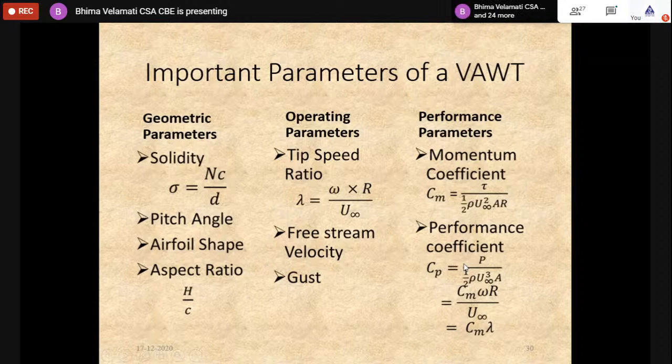For a horizontal axis wind turbine, this CP has a limiting value called the Betz limit. This Betz limit is slightly different for a vertical axis wind turbine, which is not exactly the same as for horizontal axis.